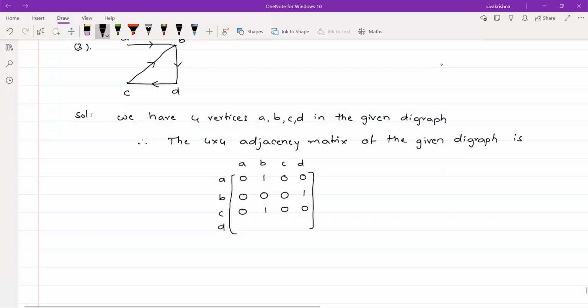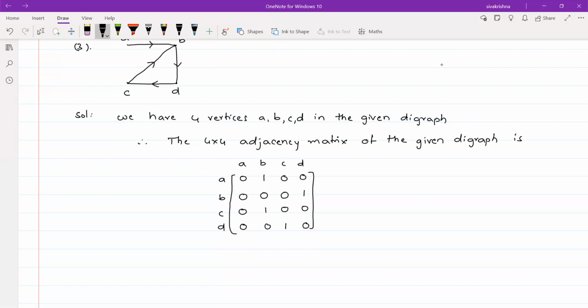Coming to the last row, from D to A, we are not having. From D to B also we are not having. From D to C, yes, we are having an edge passing from D towards C, so that we have to write 1. And also we are not having an edge from D to D, so that we have to write 0. So this is the required adjacency matrix corresponding to the given digraph.